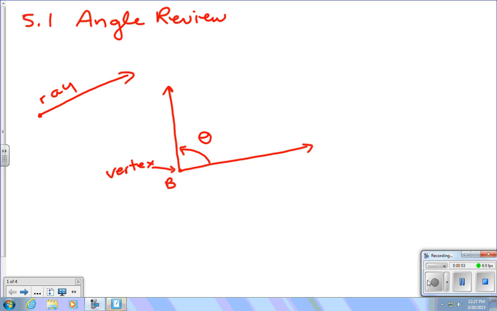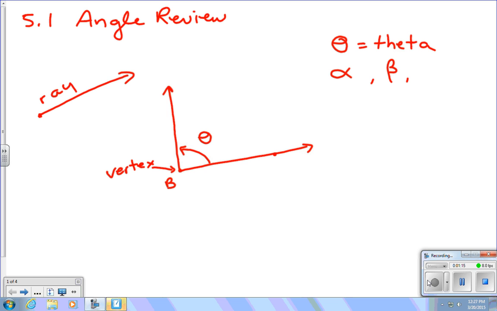And the Greek letter theta is often used to denote angles. So theta. We also use the other Greek letters like alpha, and we'll sometimes use beta and others as well. So you'll see them come up, but theta is the most common one.